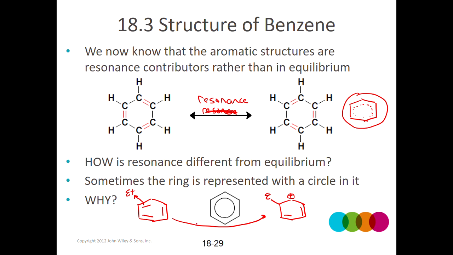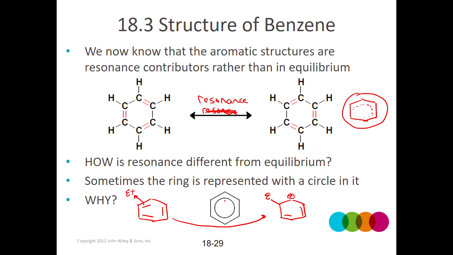That's something we're going to talk more about in chapter 19, but just wanted to point out, we usually show the benzene ring with the pi bonds localized because that allows us to start showing how those pi bonds might move around to create reactions.